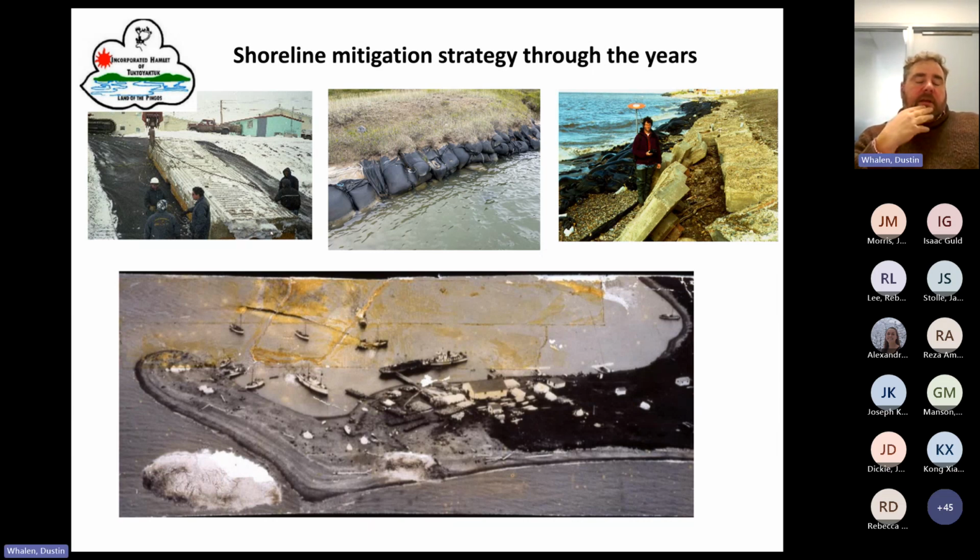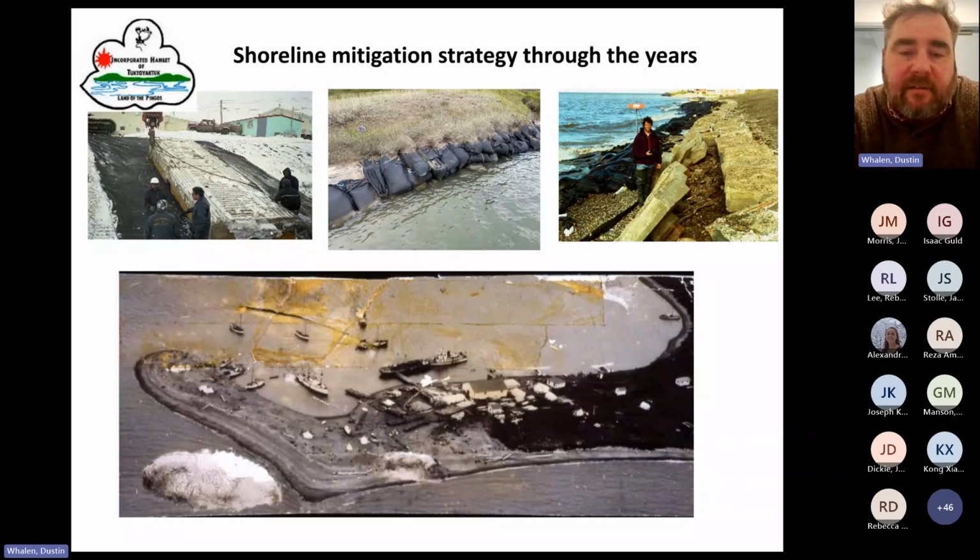And the community over the years has tried its own ways to mitigate. You see the installation of concrete mats here. We see some sandbags, and we see some that look like concrete piles or small little concrete blocks.